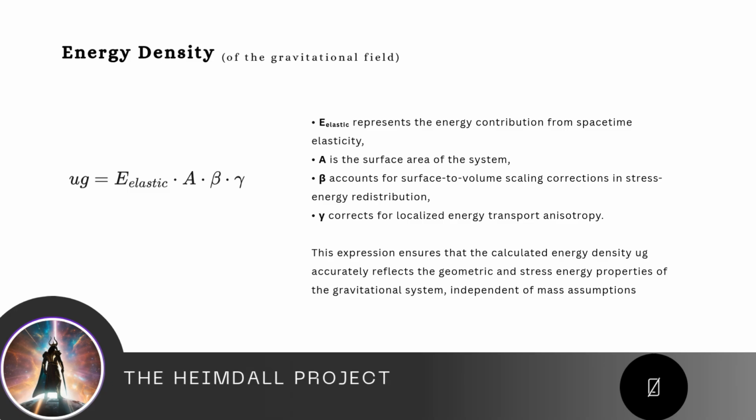So basically, as you'll see when we get into the elasticity calculation, we're finding the potential energy in the reaction of space-time to that celestial body. How much energy is space-time putting into its reaction to this celestial body moving through space? Does that make sense?